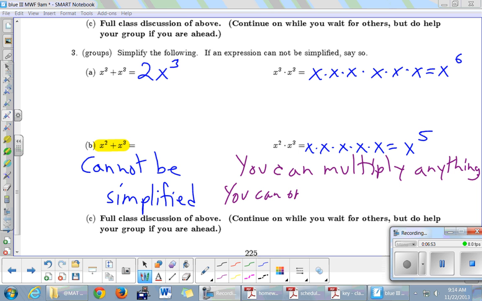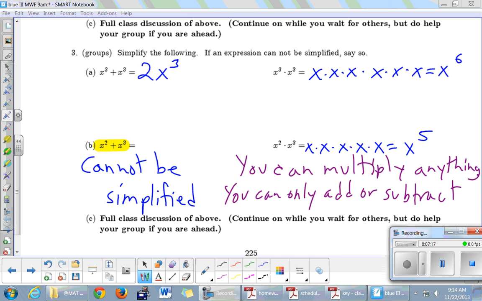You can only add or subtract if what's true? If the exponent is the same. That's the only way we can add or subtract. You could add x cubed and x cubed and say, oh, I have 2 of them. You cannot add x squared and x cubed.